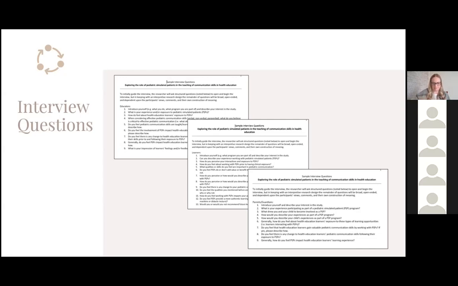And then I wanted to leave room for the participants to share their perspectives, views and experiences, and allow more of a conversation to flow and other questions to emerge, where I might have wanted to ask clarifying questions or dig a little deeper into a specific comment or piece of information a participant had shared.